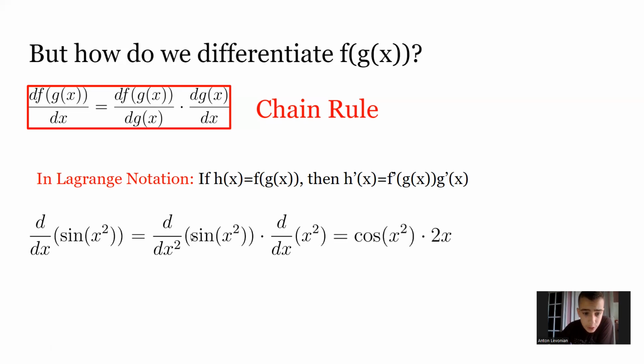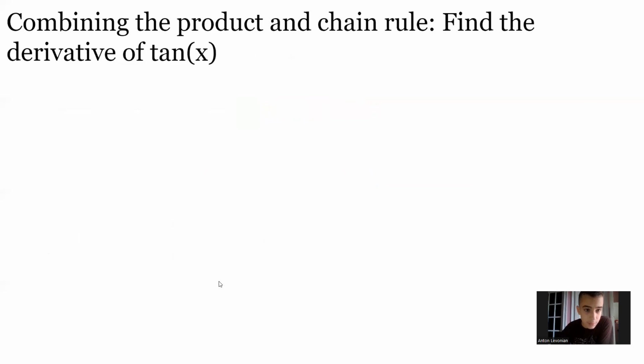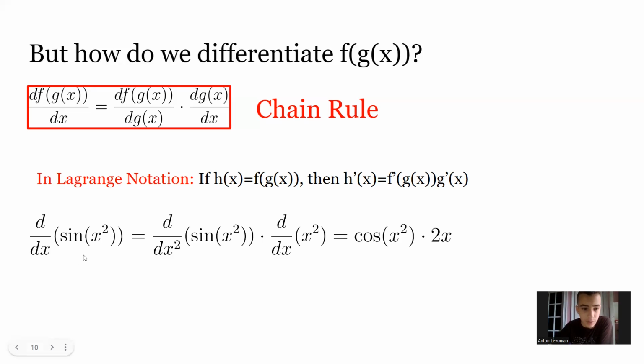The derivative of sine is cosine, and we plug x squared into that. That is all that this first term means. Then this term right here is just 2x by the power rule. So this is how we find a derivative using the chain rule.